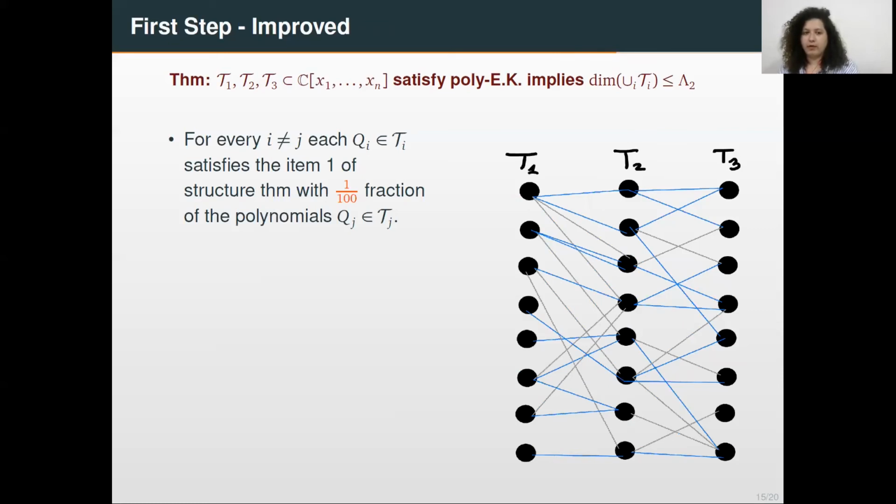That means that for every polynomial qi in one set, it satisfies item 1 of the structure theorem with 1% of the other polynomials in the other sets. Thus, we can use the robust version of Edelstein-Kelly, or a fractional version, to bound the dimension of the polynomials in the set. And we did need to prove such a robust version of the Edelstein-Kelly theorem.